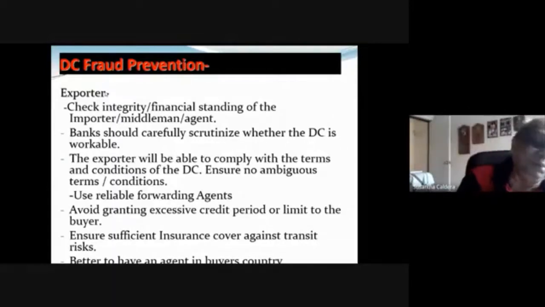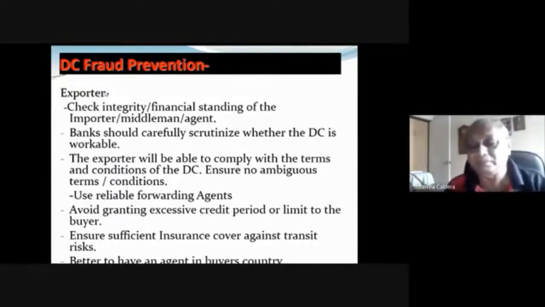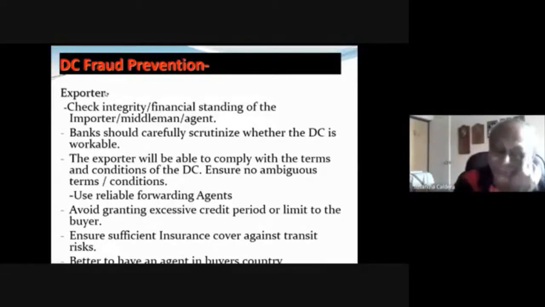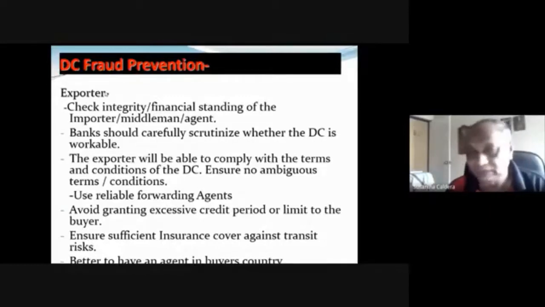Now let's look at the export side. How about fraud prevention? The importer has to check the integrity of the exporter. Likewise, the exporter has to check the integrity and financial standing of the importer. Right?